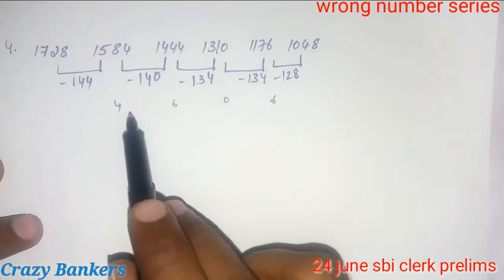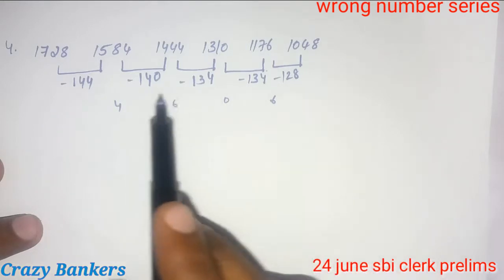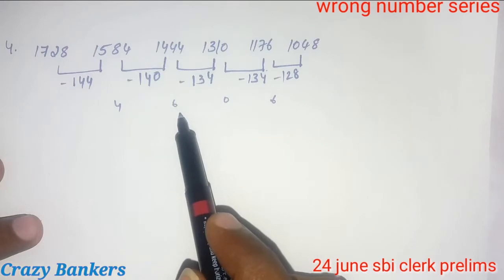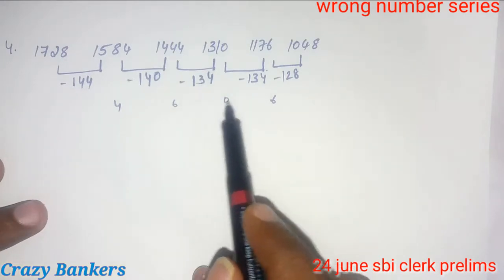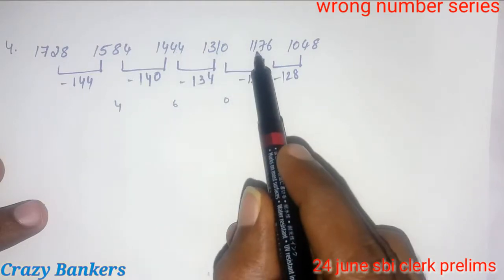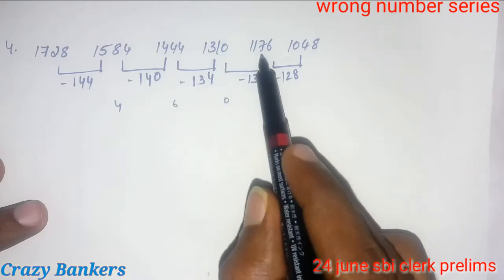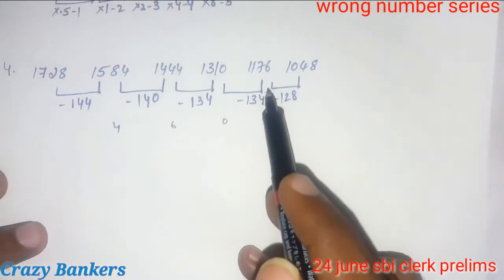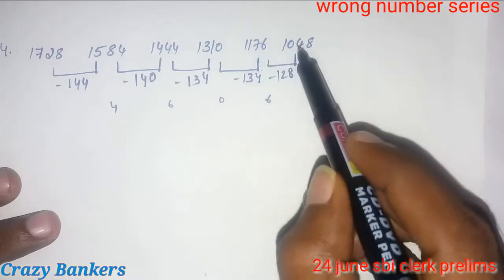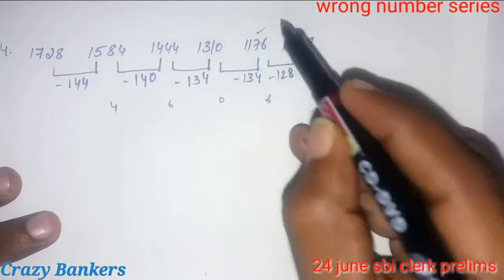From here we see the differences are 4, 6, 0, 6. All the numbers in the series are decreasing, but the difference here is 0. That means the problem is among these three numbers: 144, 1310, 1176. There is a gap of 6 between 1176 and 1048, so these are decreasing and this number is right.